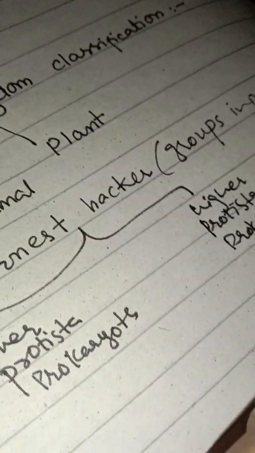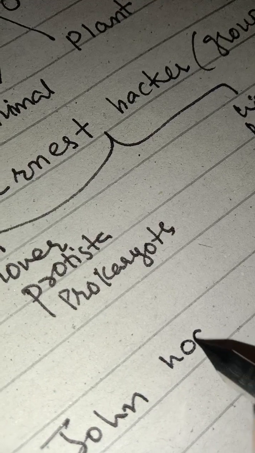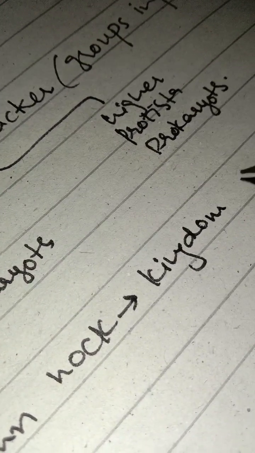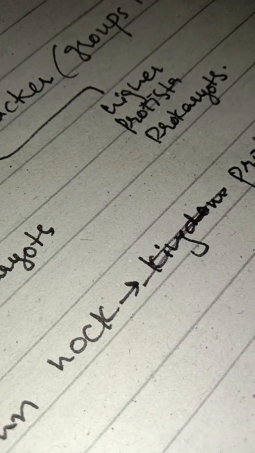John Hogg is the first man who introduced Protista, and Edward Chatton found out the difference between prokaryotic and eukaryotic cells.